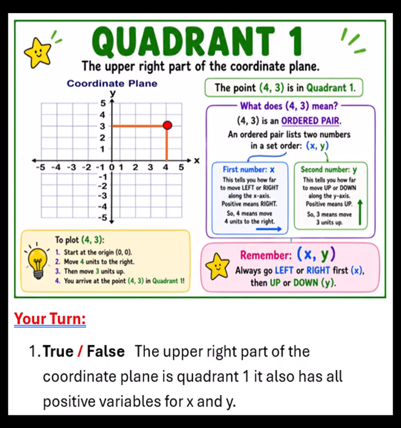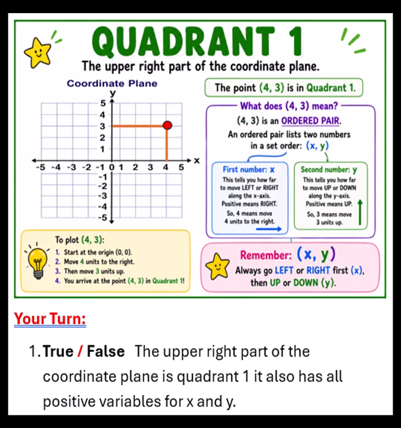Now that you understand that the coordinate plane is the grid with the x-axis and the y-axis, let's speak about quadrant 1. It is in the upper right part of the coordinate plane. So what does (4, 3) represent? 4 comma 3 in parentheses represents an ordered pair.